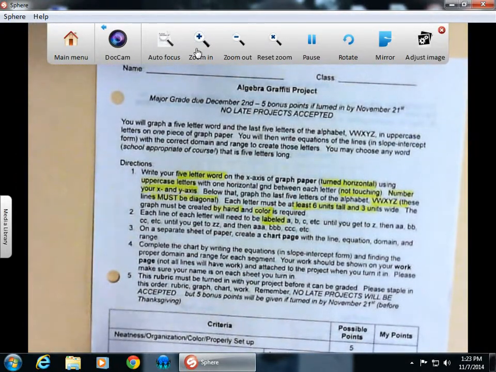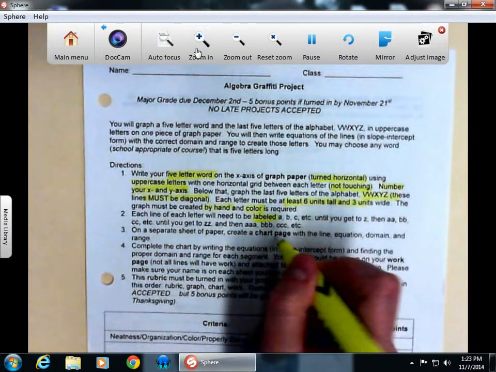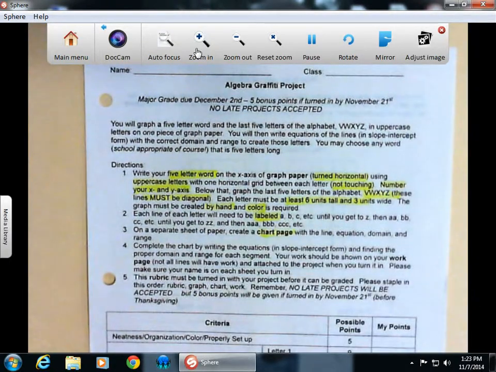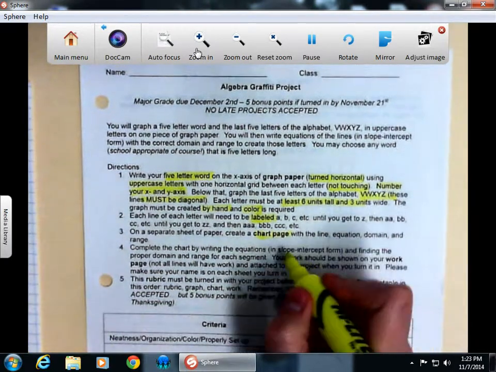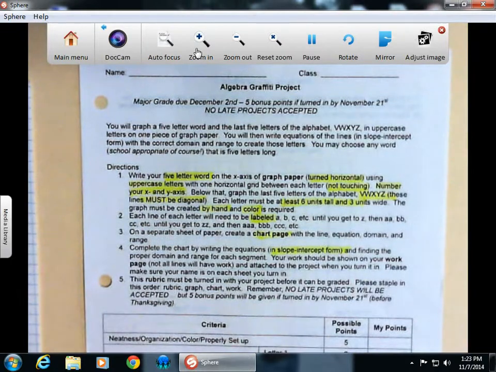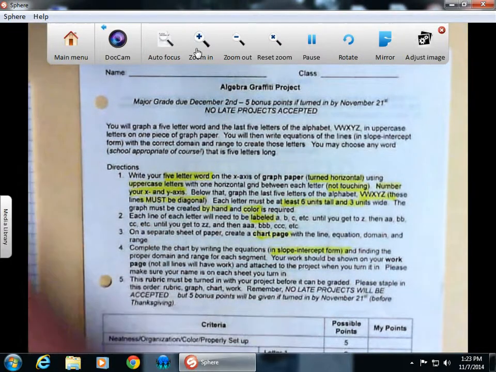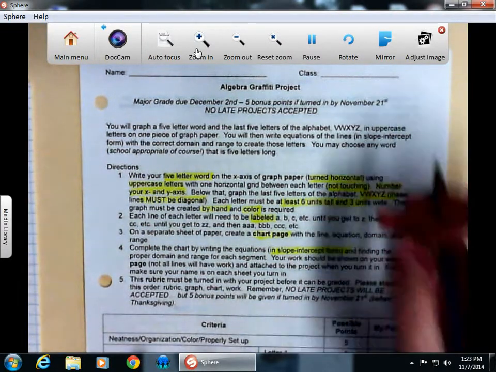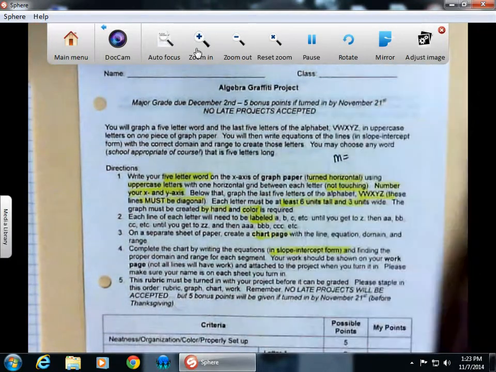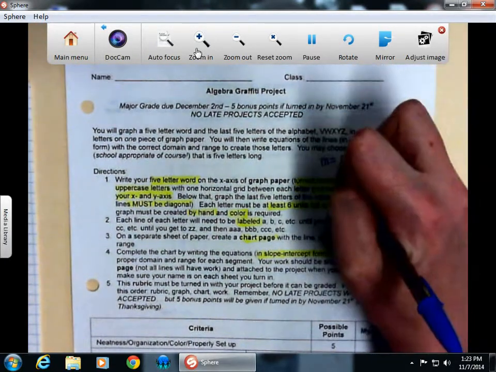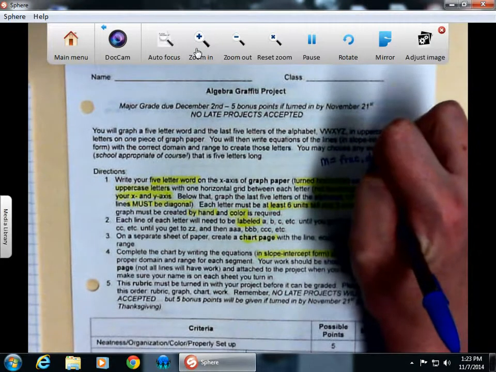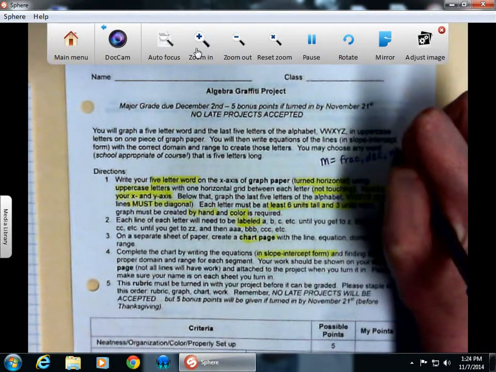And then on a separate sheet of paper, you're going to create a chart page, and then you're going to write your line, your equation, domain, and range. Step 4 says complete the chart by writing equations, highlight in slope-intercept form. And then we need to put a note on here, somewhere towards the top. Put M equals. M can be a fraction, a decimal, a whole number.